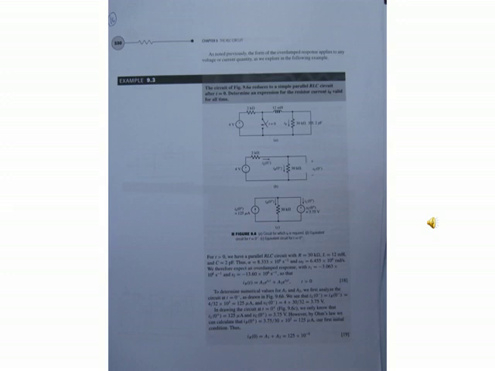And similarly, the IC can also be calculated. The IC equation is C multiplied by dVc by dt. So 2 multiplied by 10 power minus 12 multiplied by 30 multiplied by 10 power 3 multiplied by A1 S1 e power S1t plus A2 S2 e power S2t. So by Kirchhoff's current law, IC0 plus is equal to IL0 plus minus IR0 plus, which is equal to 0.